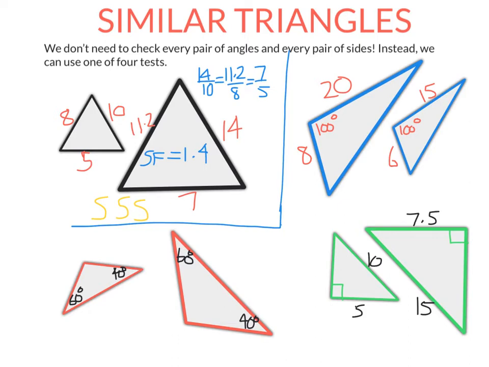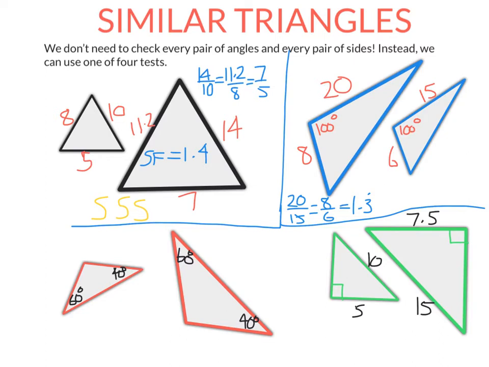So let's look at the next two triangles over here. So again, we have sides in proportion because 20 over 15 equals 8 over 6. If you put both in your calculator, you get 4 over 3 or 1.3 recurring. So that means the sides in the larger triangle are 1 1/3, 1.3 recurring times the corresponding side in the smaller shape. Similarly for here. So here we don't have all 3 sides in proportion, but we have 2 pairs of sides in proportion.